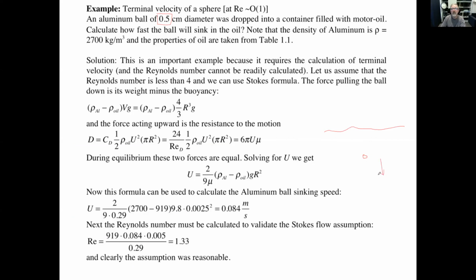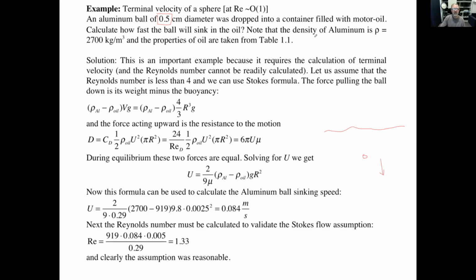And this is motor oil, and we know the properties. Motor oil is probably 0.3 viscosity, and density is 900 and something. The density of aluminum is 2700. So it's 2.7 times more than water.